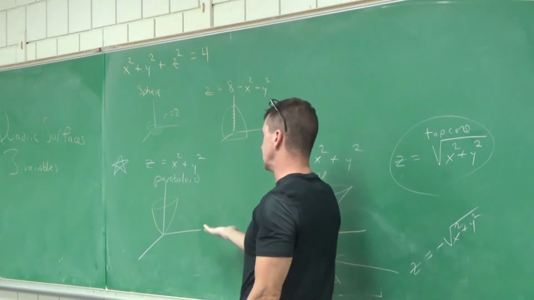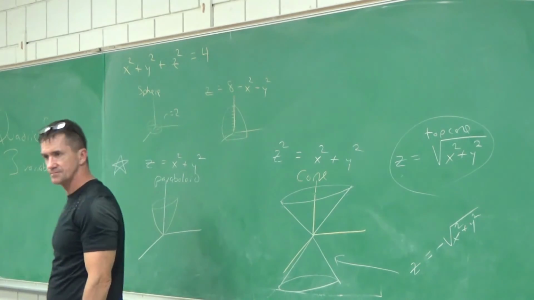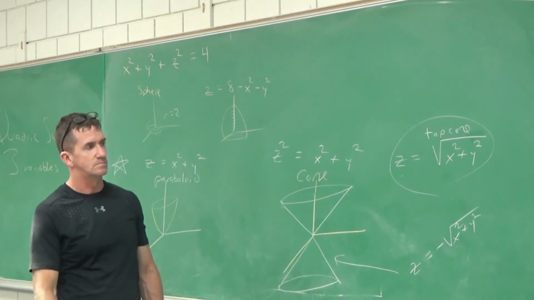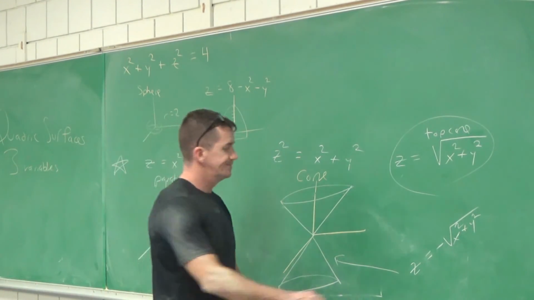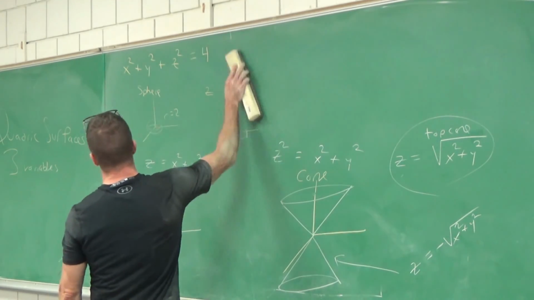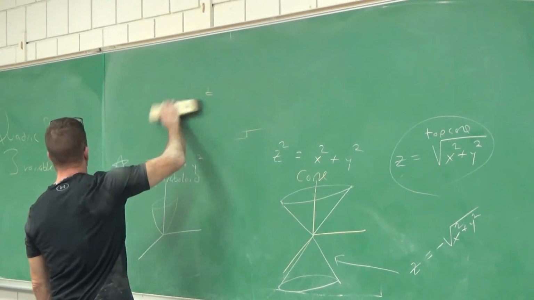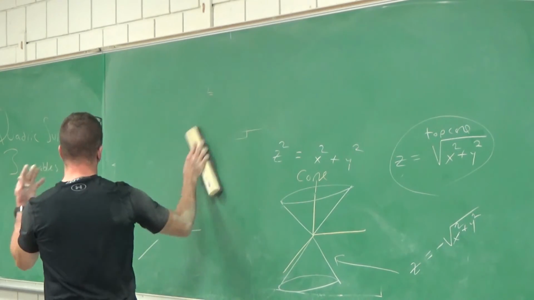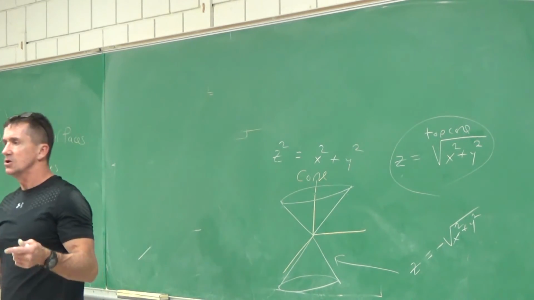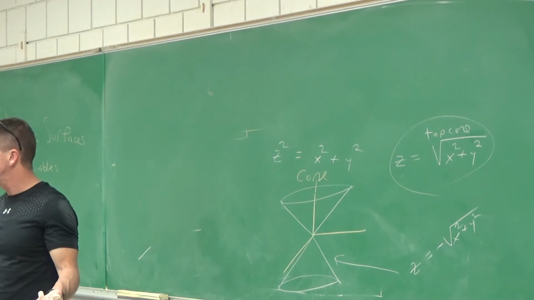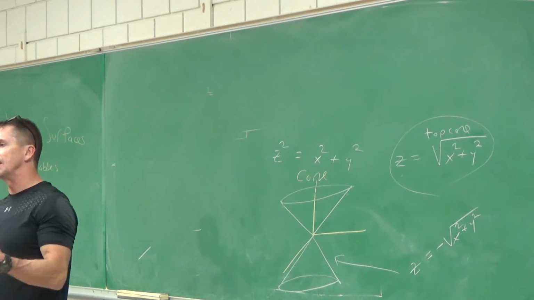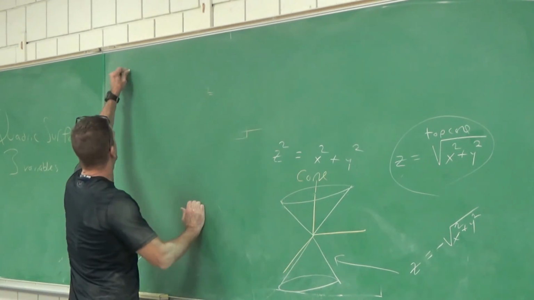Does anyone recognize the difference between a paraboloid and a cone? Cool. A couple more quadric surfaces. What have we seen so far? The almighty ellipsoid, cone, and paraboloids, right? Well, now we have something new. It's got all three variables.